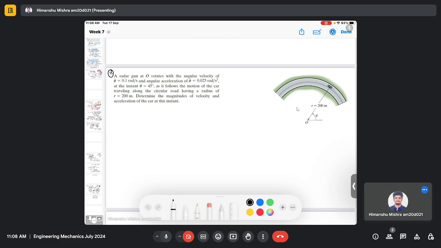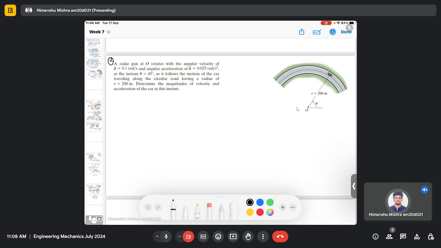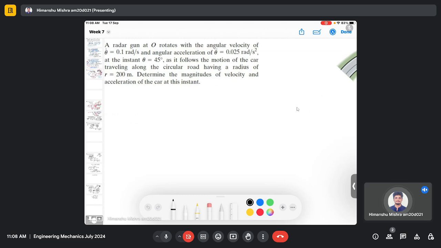We will follow the previous concept: first we need to find the components of velocity and acceleration, and then once we have found the components, it is very easy to calculate the magnitude of both. Let me write down the quantities which are given here.